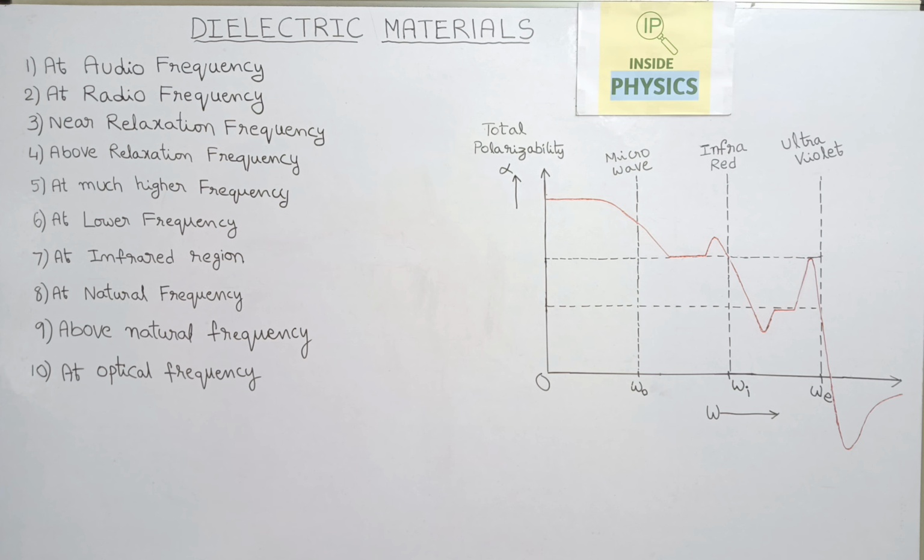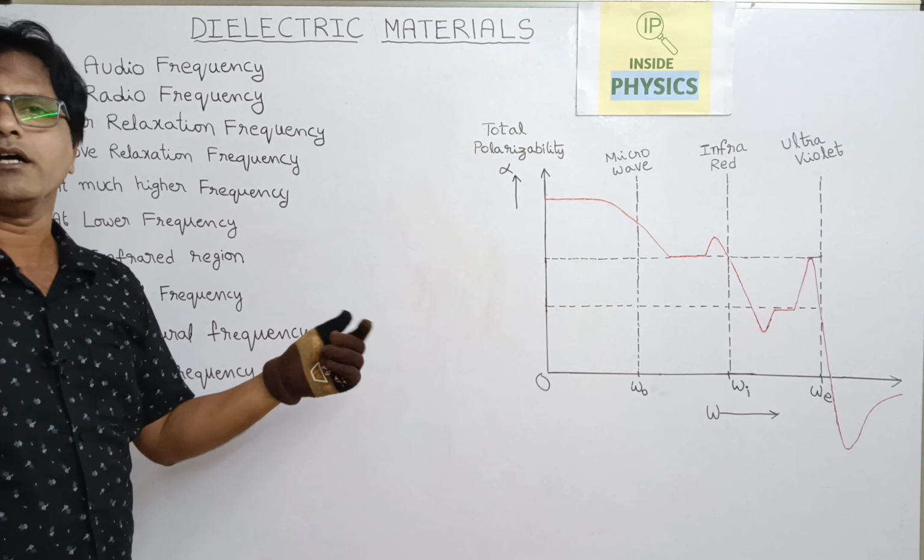Above relaxation frequency, the electric field reverses so rapidly that the dipoles cannot follow the field reversal due to inertia. And the inertia is because of their position and mass.